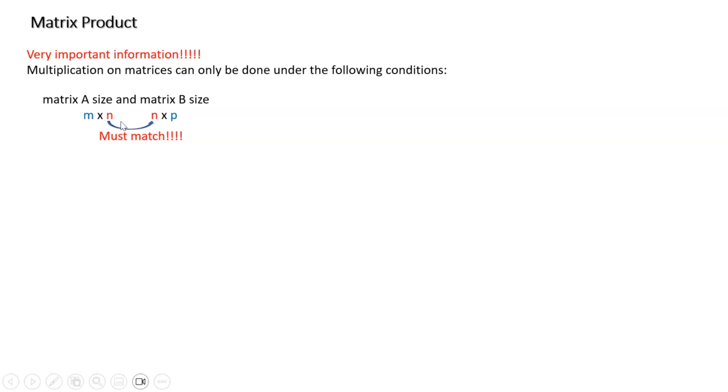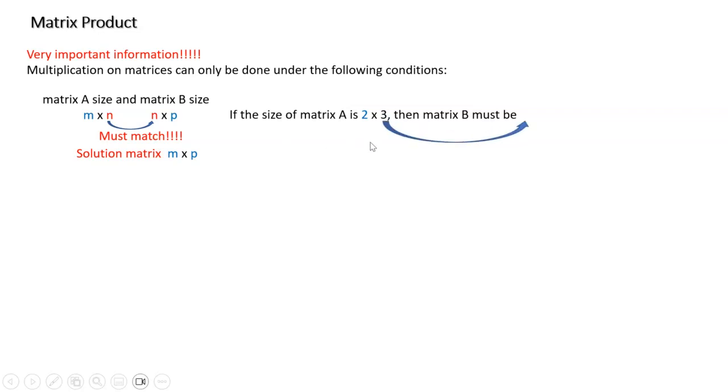The matrices can be multiplied, and the answer will be the outer, which would be an m by p matrix. Let me show you an example. Now, if the size of matrix A is a 2 by 3, then matrix B must be what? For it to be done, remember, the one in the middle here must also be the same one over here on the right.